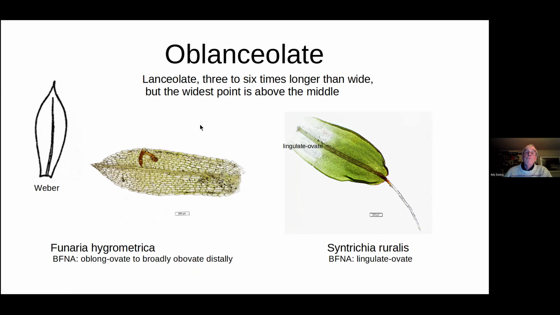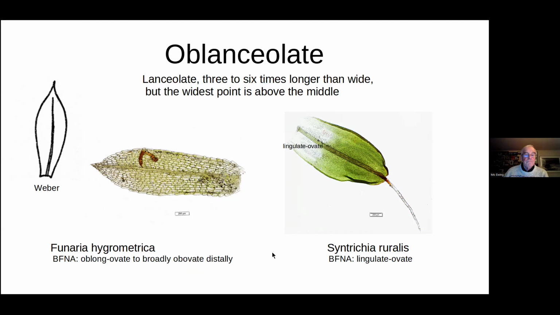But the widest point is above the middle. So remember, with lanceolate, the widest was below the middle. And that, in my experience, is a really good way of saying, what's this leaf doing? Is it the fattest down here, the fattest in the middle, or the fattest at the tip? And that's one of the major ways of being able to tell one leaf from another.